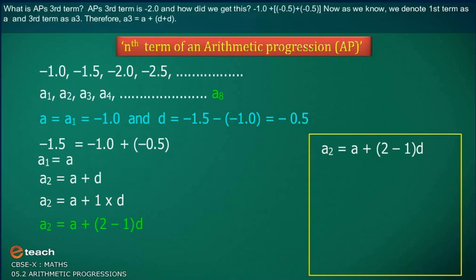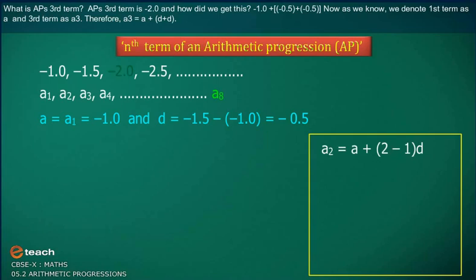What is the AP's third term? The AP's third term is minus 2.0. And how did we get this? Minus 1.0 plus into bracket minus 0.5 plus into bracket minus 0.5. Now as we know, we denote the first term as a and the third term as a3.